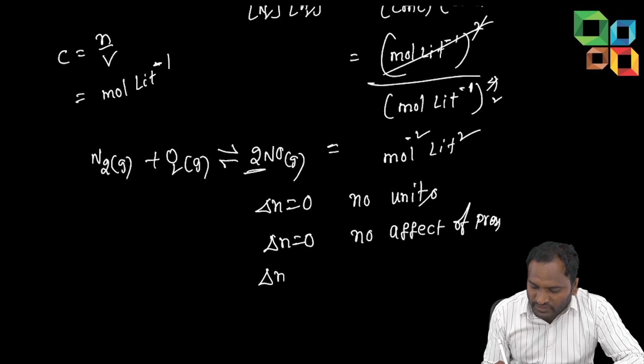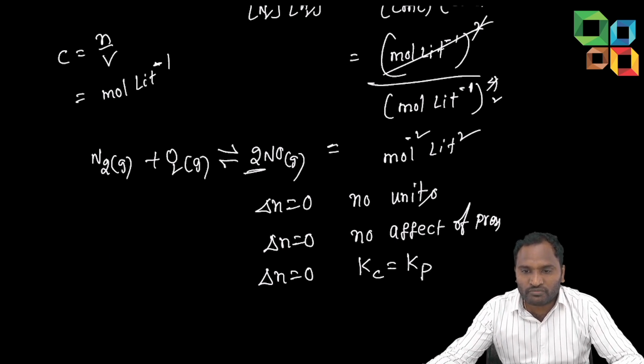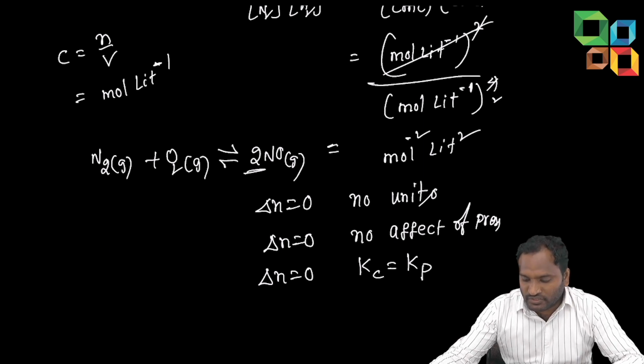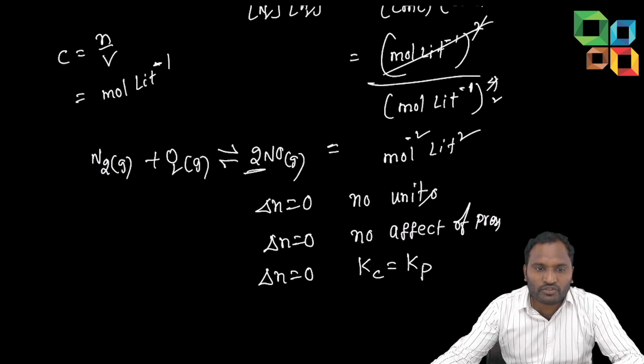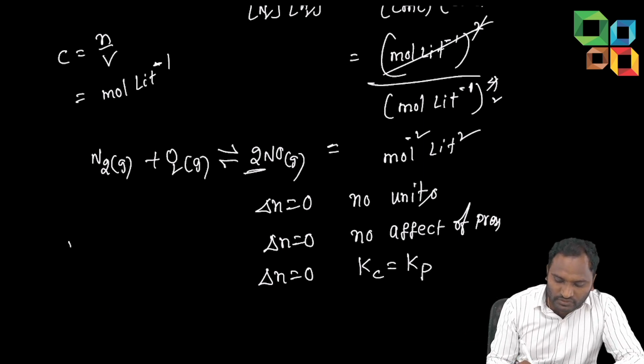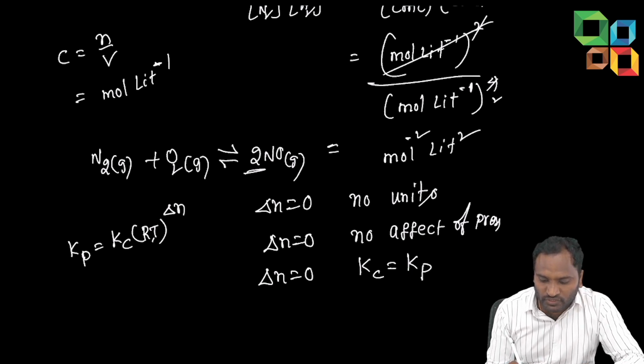If delta n is equal to 0, Kc is equal to Kp, because Kp is equal to Kc into RT power delta n, and anything to the power 0 is 1, so Kp is 1 into Kc.